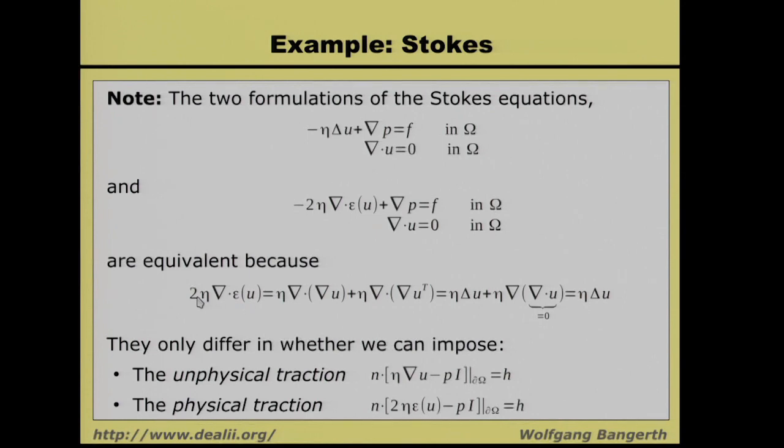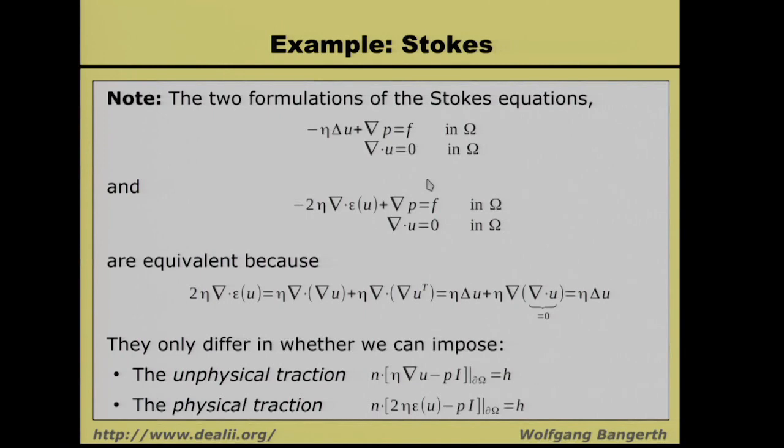So the factor of 2 and 1/2 already disappears, and what I get is eta div gradient u plus eta divergence of grad u transpose. Okay, so div gradient is Laplace. That gives me this term here. And if I look at this term here closely enough, what you actually find is the same as the gradient of the divergence of u. Well, but divergence of u is 0, so this term disappears.